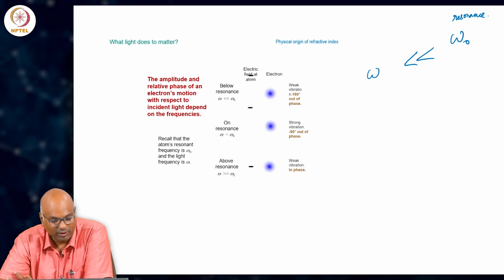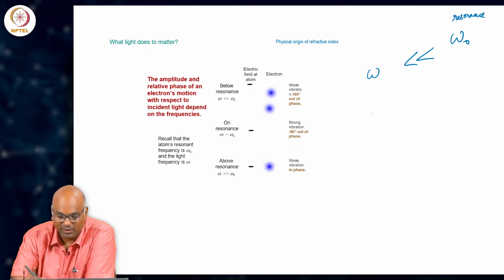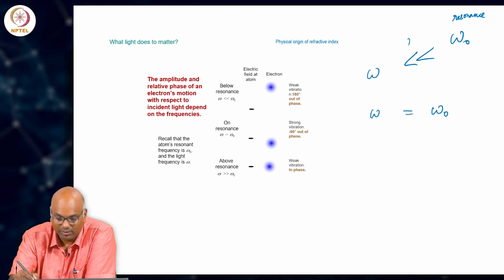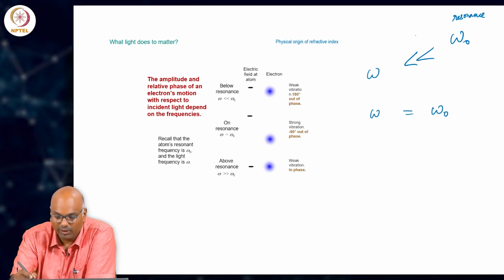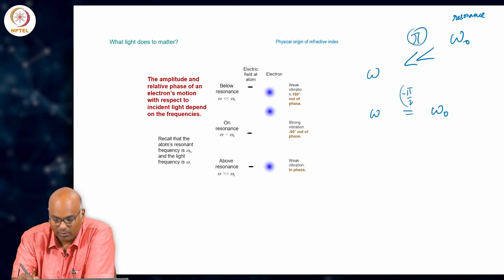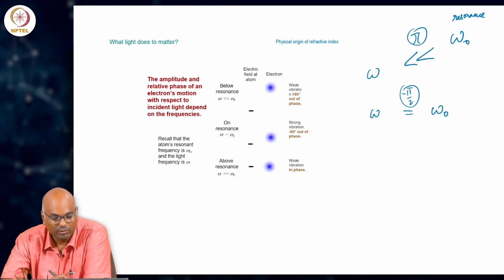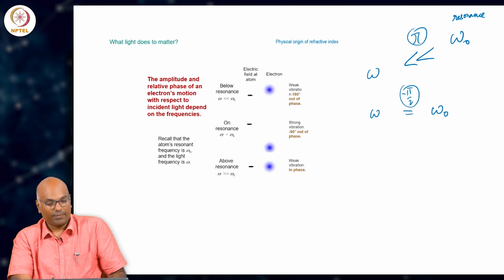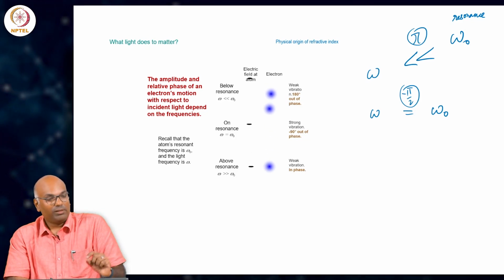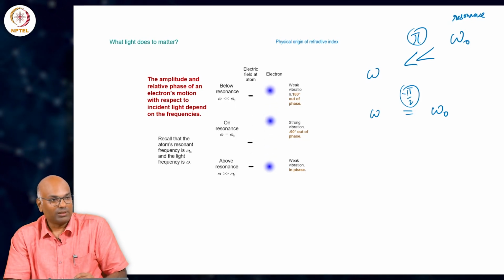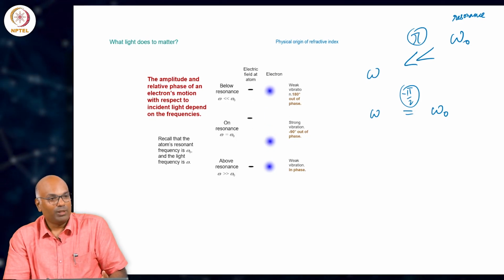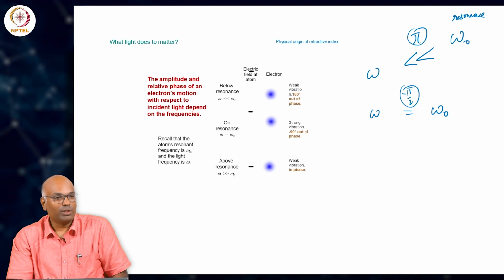Now, if the two are on resonance, the factor by which they are out of phase is pi, this is minus pi over 2. The interesting thing here is that when they are in resonance, the vibration amplitude is the strongest.